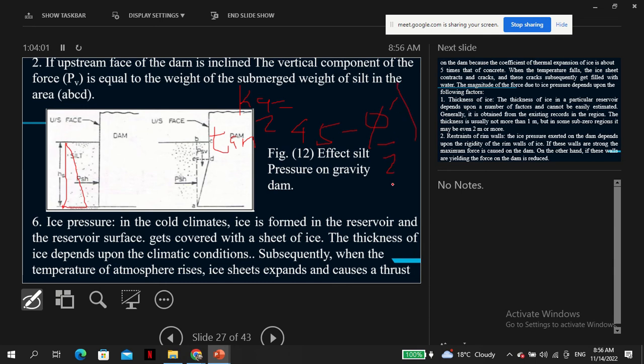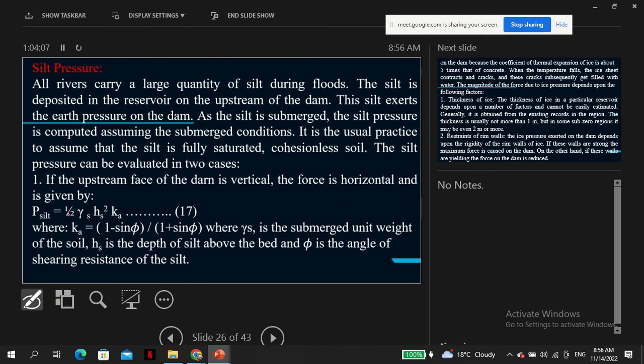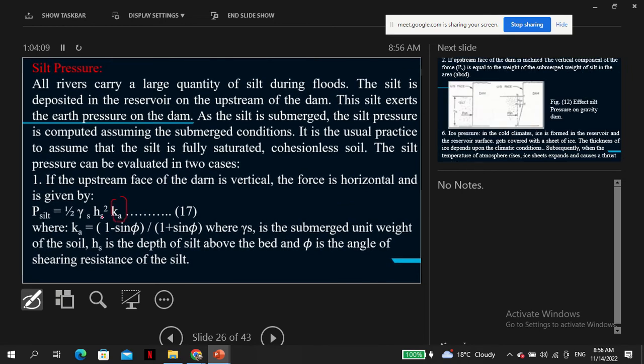You should remember this coefficient. So this is the idea, in fact. This is the Ka, and you can see that the force is none other than the area of the pressure distribution diagram, such that at the bottom here this would be gamma S times Hs, and if this is Hs, then the area of that diagram is half Hs.